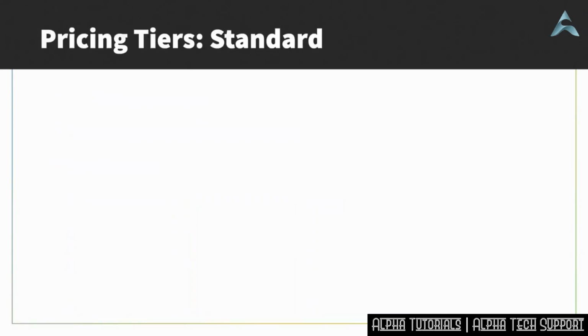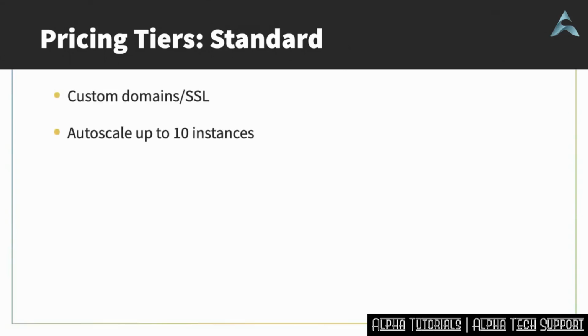This is where we can go for something like the standard tier. If you go for the standard tier, you start to get extra features, like, for example, custom domains with SSL, which is the same, but now we can go up to 10 instances. And 10 instances, okay, more than the 3 before, but now the big difference is we have autoscaling.